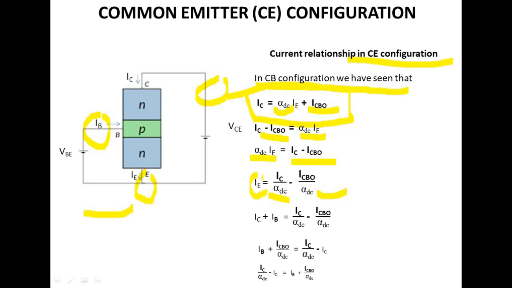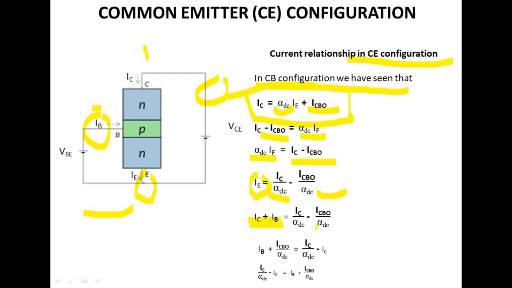We know that IE equal to IC plus IB, which is also clear from this figure. IE is equal to IB plus IC. So putting the value of IE as IC plus IB, we get IC plus IB is equal to IC upon alpha DC minus ICBO upon alpha DC.